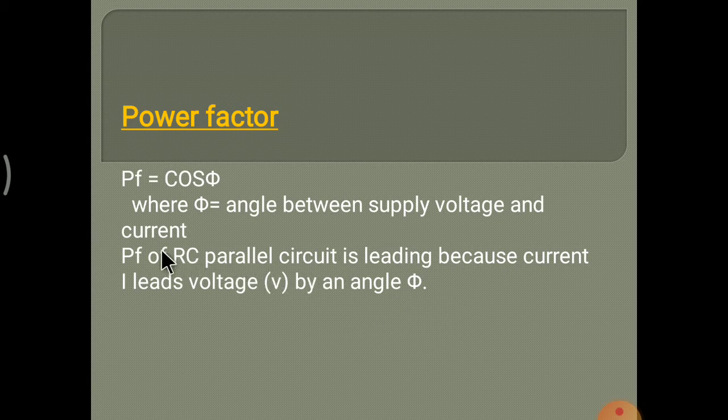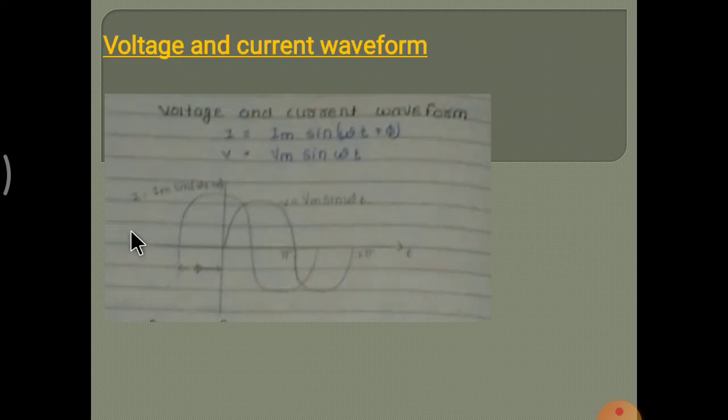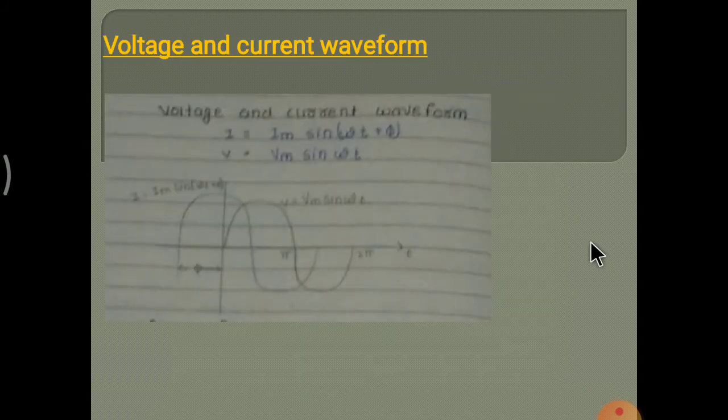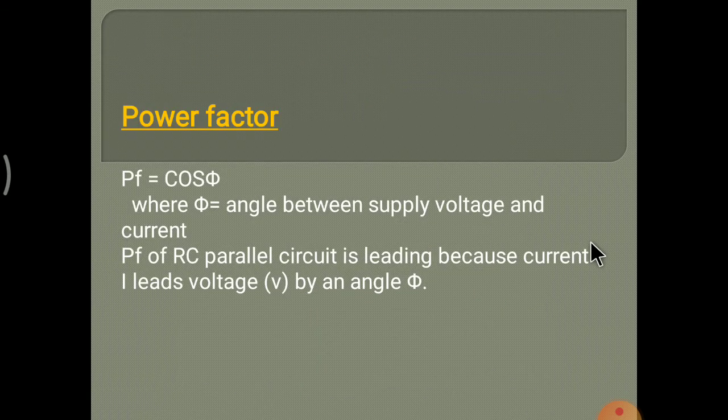In the phasor diagram also, current I leads by angle phi. So the power factor of the RC parallel circuit is a leading power factor, and the power factor of the RL parallel circuit is a lagging power factor.